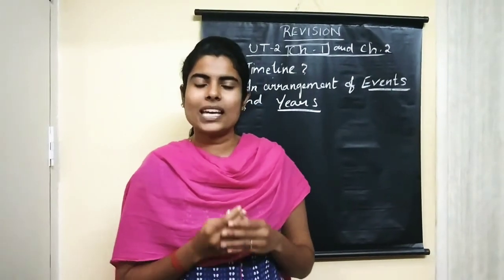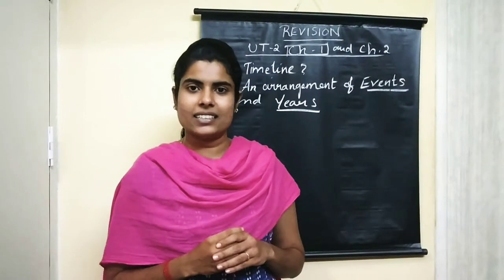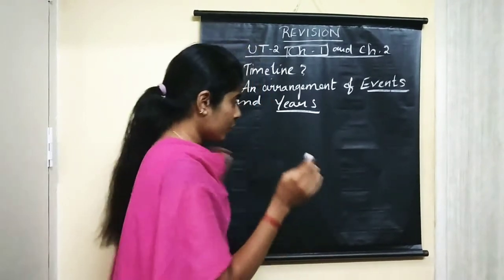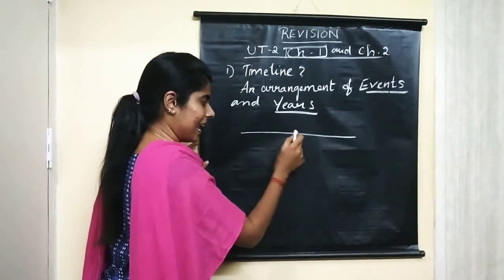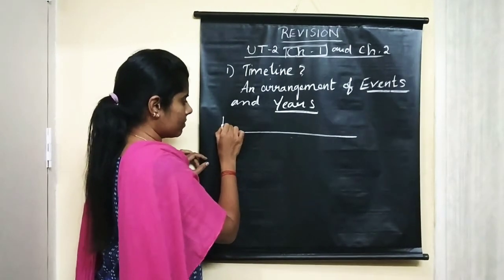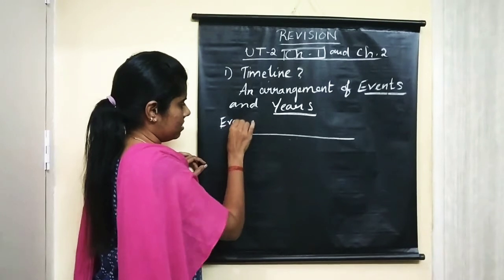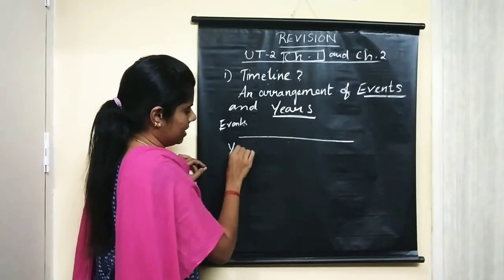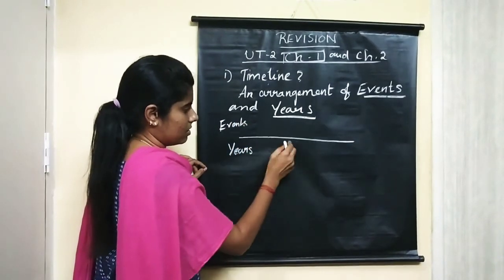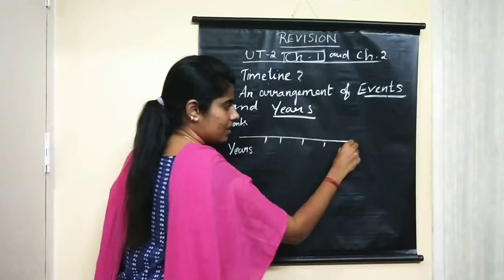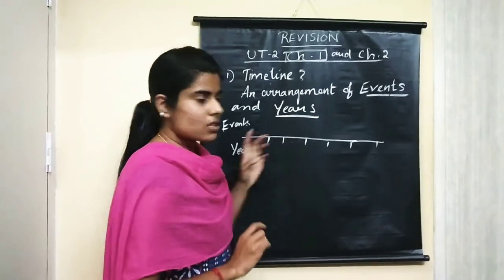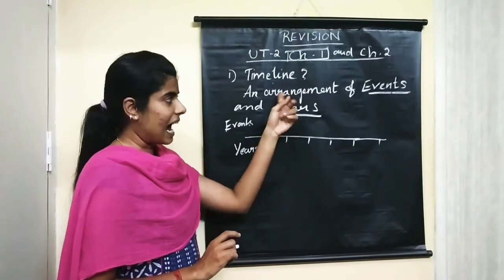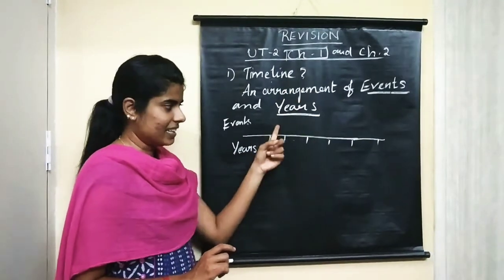So how do we arrange the events and years in a timeline? Do you remember how we drew the timeline? We drew a line, and here we wrote the events and here we wrote the year. So it is like this. Do you remember till this? Yes. So here in the timeline we are arranging the events and years.